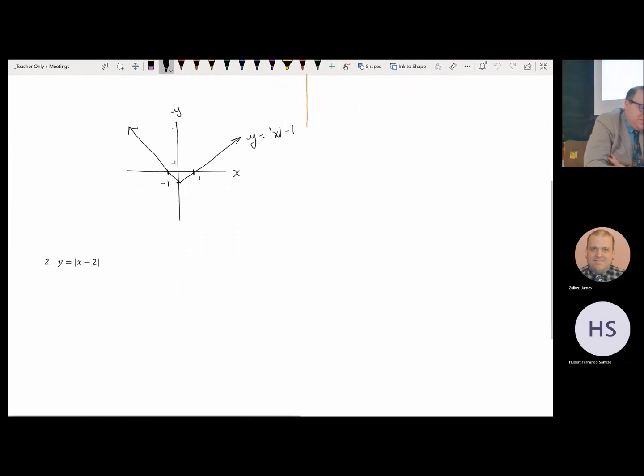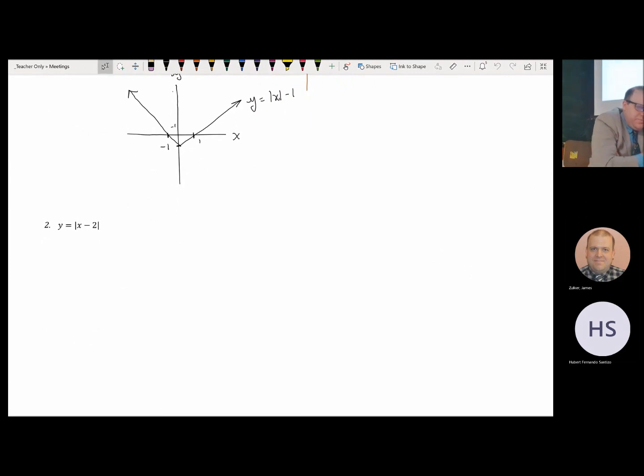But the domain is still negative infinity, positive infinity, right? In this case, yes. But what actually happened was the domain did shift, but because it's negative infinity to positive infinity, you don't see that shift. Because it's the entire real number line, you don't actually notice the shift.